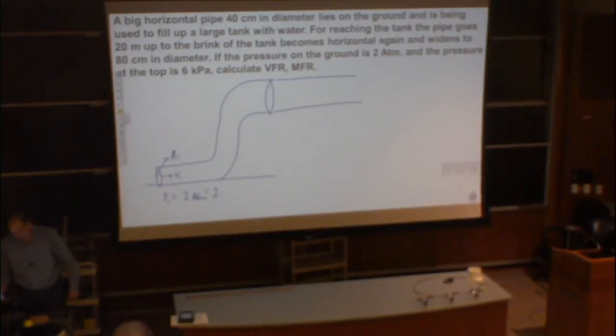We have to use pascals, 2 times 10 to the 5th pascals. That's the second area, A2. It travels here slower. We know it has to be slower. And the pressure here inside the pipe, P2, equals 6 kilopascals, 6 times 10 to the third pascals. All right. Very straightforward.